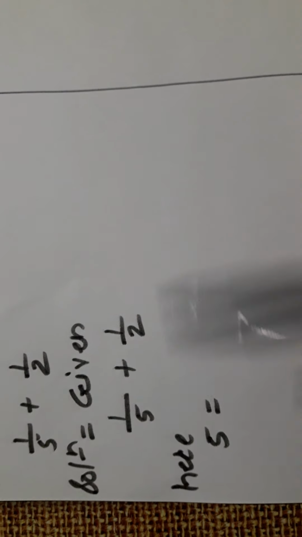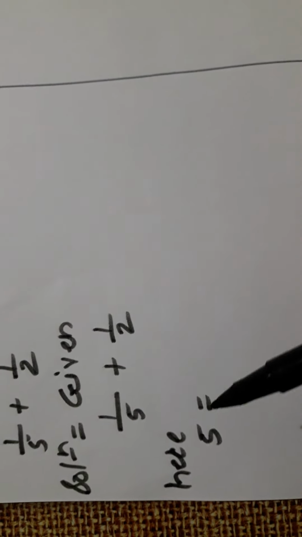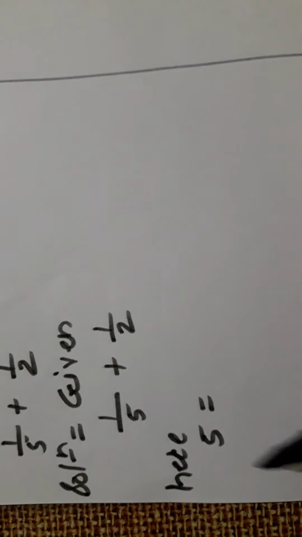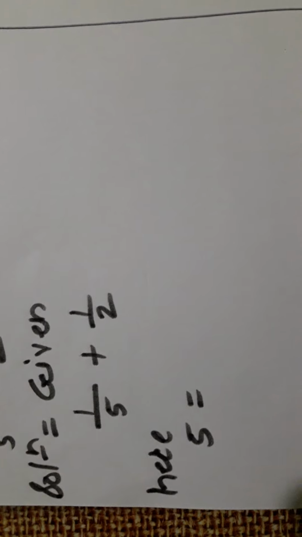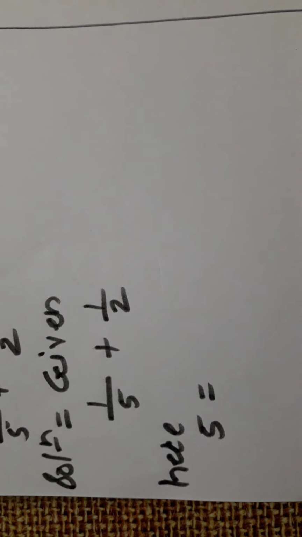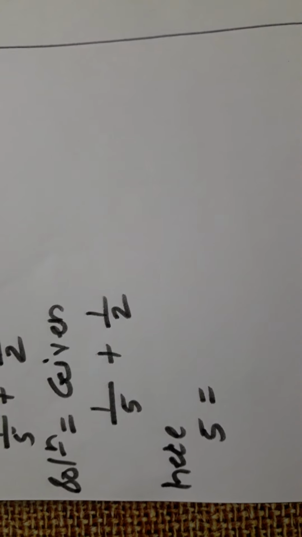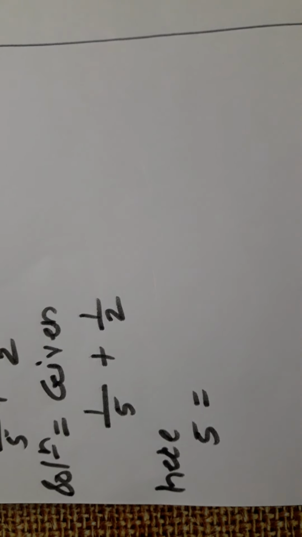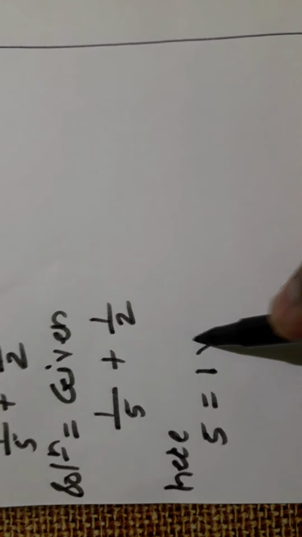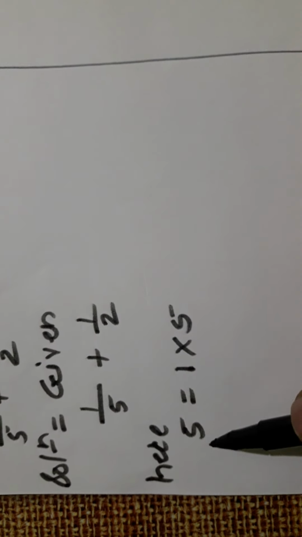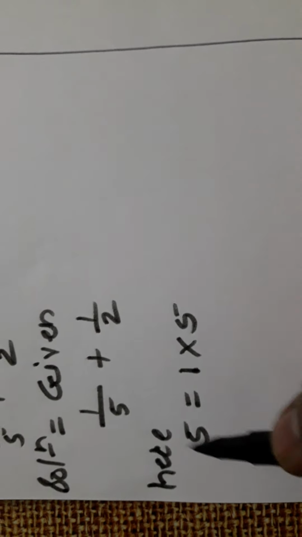If you observe carefully, you will come to know that 5 is a prime number, and a prime number can be divided only by 1 and itself. So the factors of 5 are 1 into 5.